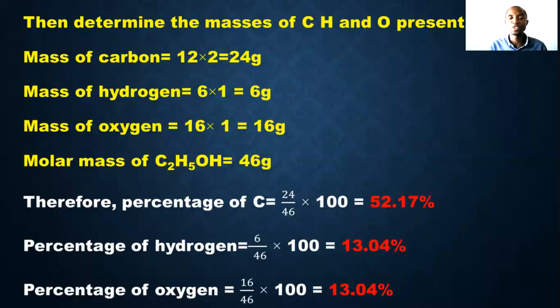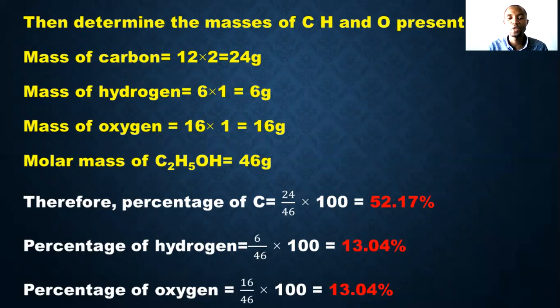So percentage composition will now be: divide each one by the total molecular mass times 100 over 1. So percentage of carbon now is 24 divided by 46 times 100 over 1, which is going to give you 52.17%. That is the percentage of carbon in this compound.